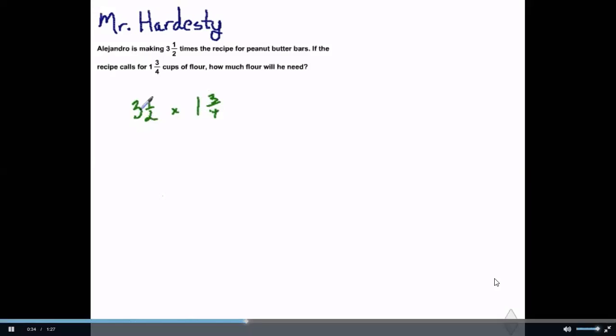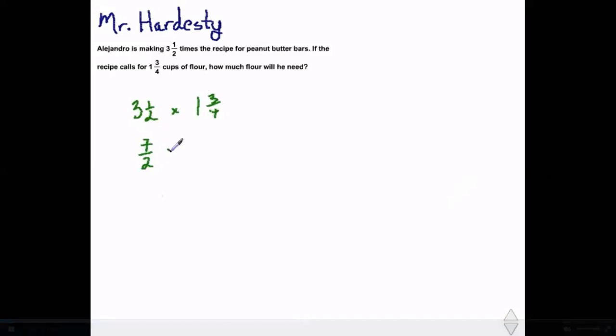Which is easy to do when we convert our mixed numbers to improper fractions. We multiply denominator times the whole number part, 2 times 3, which is 6. We add the 1, and we represent 3.5 as 7/2. Let's do the same for 1 3/4. We multiply 4 times 1, which is 4. We add 3, which is 7/4.